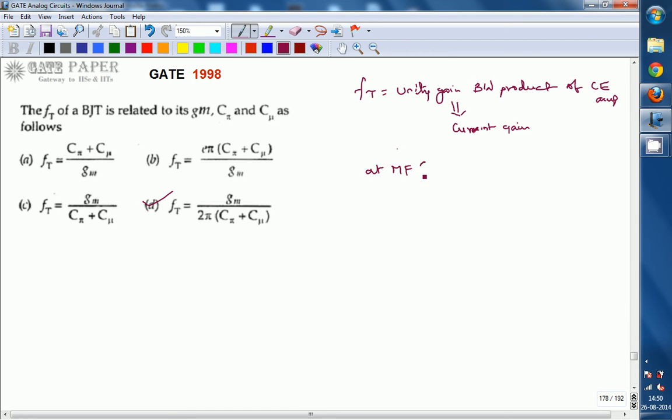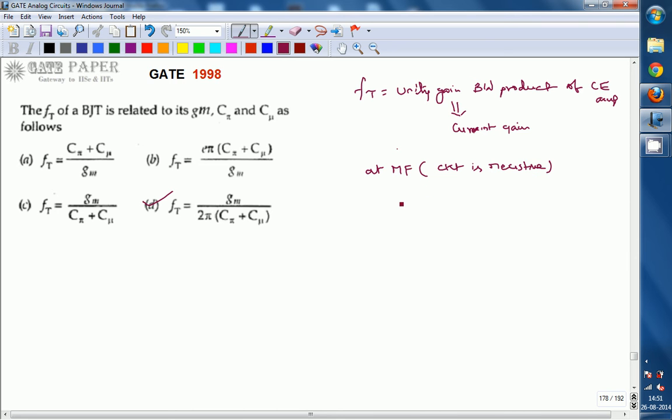At mid frequencies the circuit is resistive, because every BJT amplifier consists of two types of capacitors: microfarad capacitors, which are external capacitors, and picofarad capacitors, which are internal capacitances. Microfarad capacitors act as short circuit at mid frequency and picofarad capacitors act as open circuit at mid frequency. So the circuit becomes resistive, where we get maximum gain.